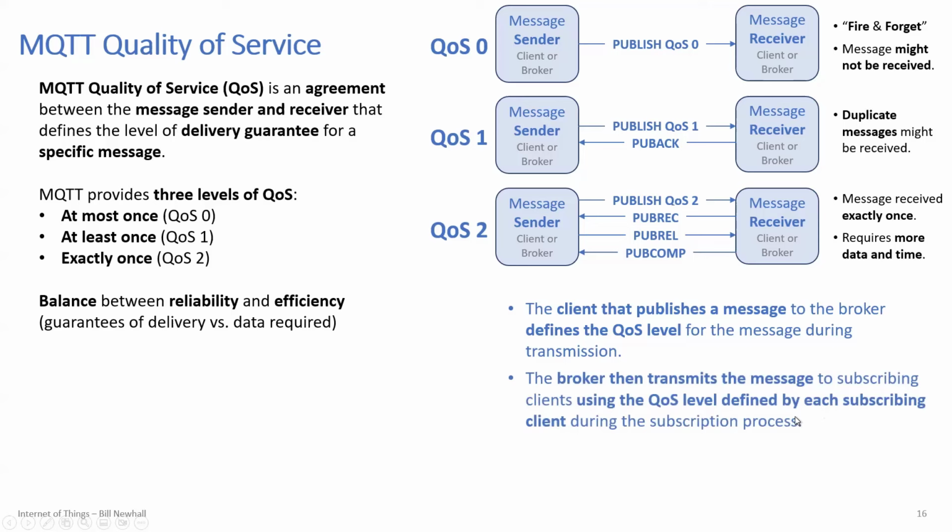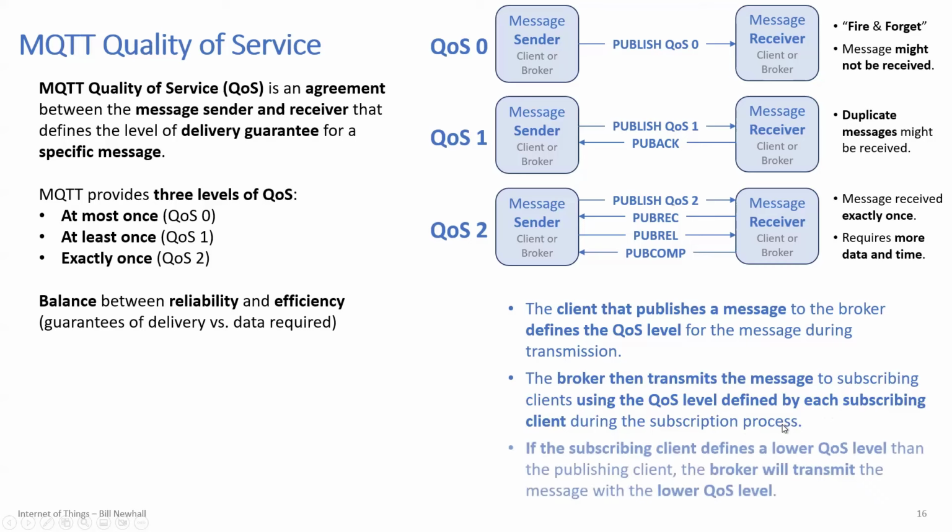So the subscriber can define its own QoS level. And if the subscribing client defines a QoS lower than that of the publishing client, the broker will transmit the message at the lower QoS level. Okay, so when you're a publishing client, there's no guarantee that the subscribing client is going to receive your message. You can only guarantee that the broker is going to get your message.